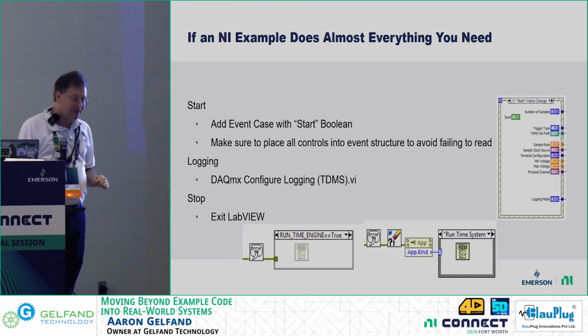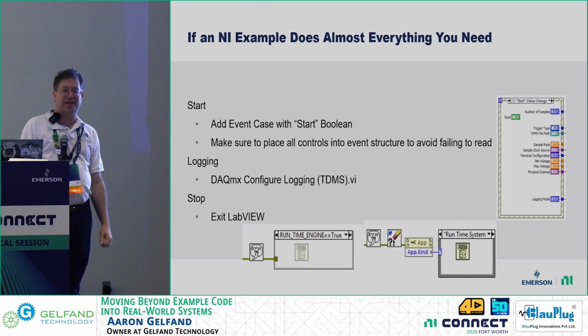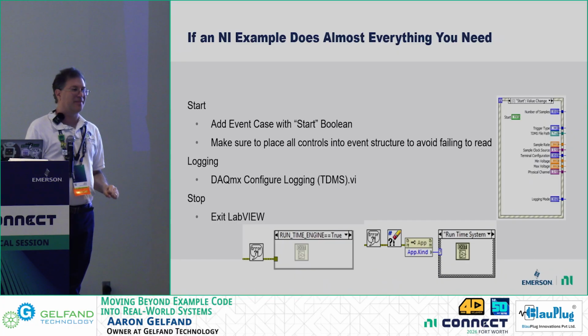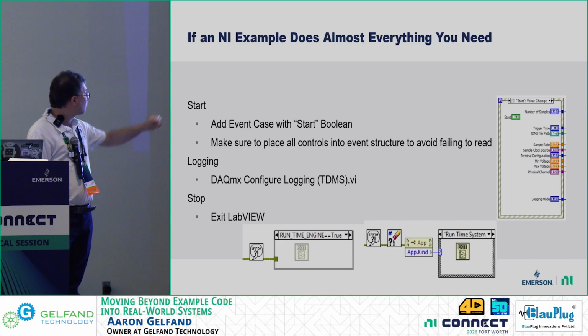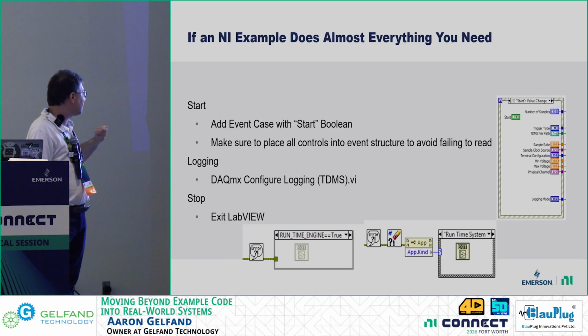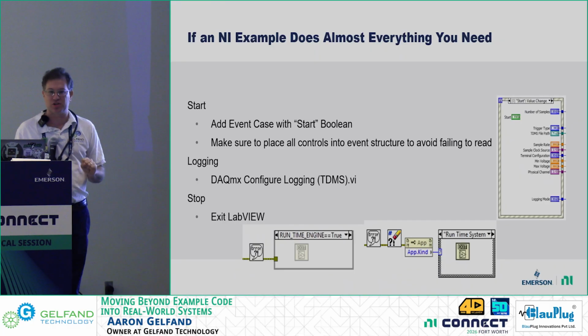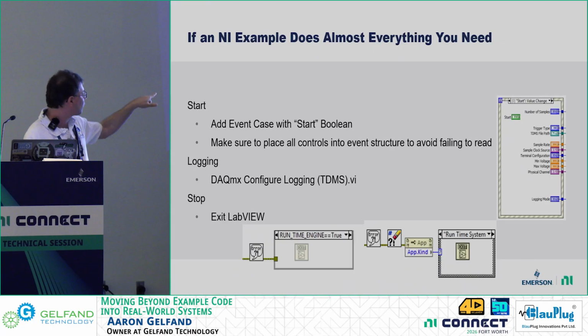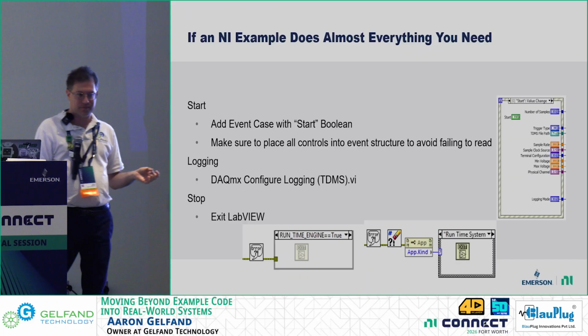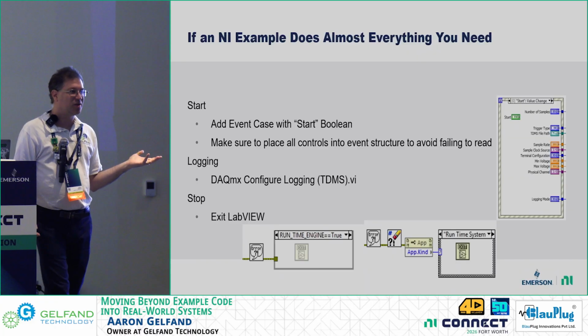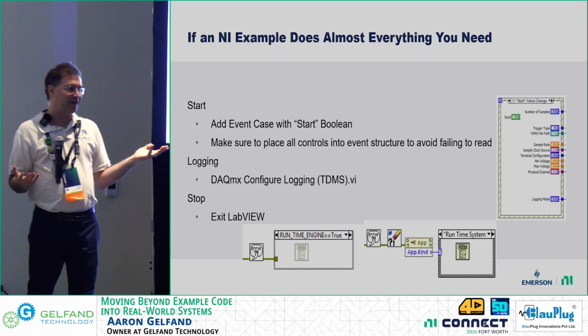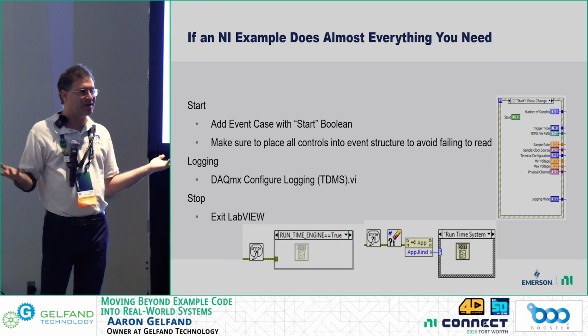Generally, though, we don't want it exiting every time I'm modifying my code, right? So two easy ways of dealing with that are to use a conditional disable structure for runtime engine equals true, and runtime engine equals false is when we're in the development environment. Runtime engine equals true is when we're in an executable.